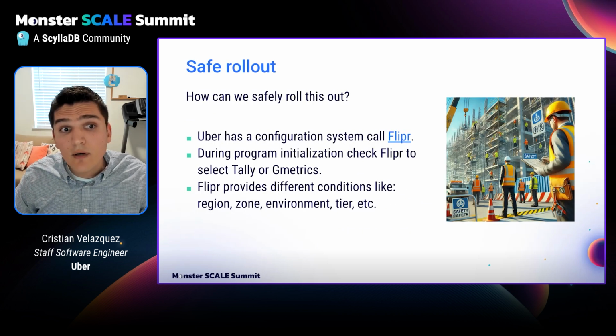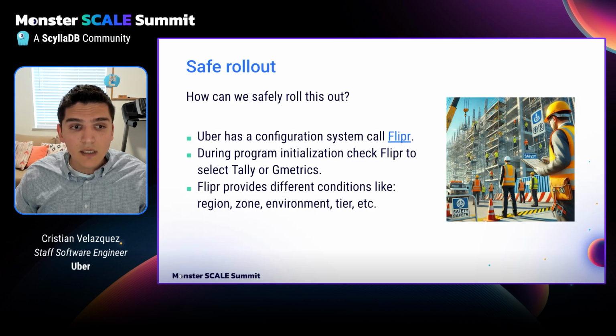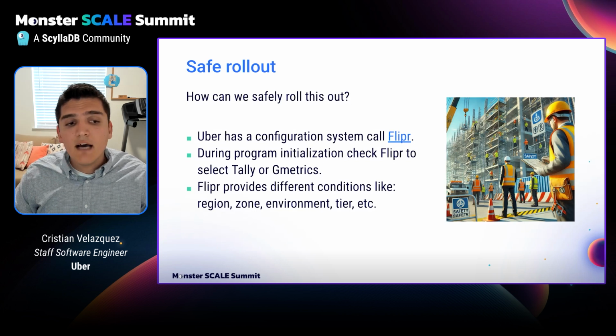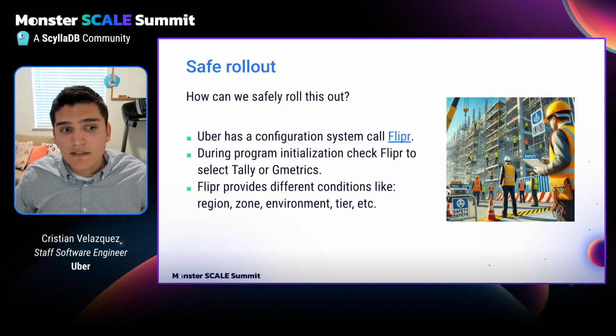How we're doing safe rollout: we have this configuration system called Flipper. You can go and read more about it in the Uber-Eng blog that we have. Basically, whenever we start the application, we check in Flipper if we need to use Tally or Gmetrics, because they use the same API. We don't need to do any other changes. Flipper provides different conditions like region, zone, environment, tier.